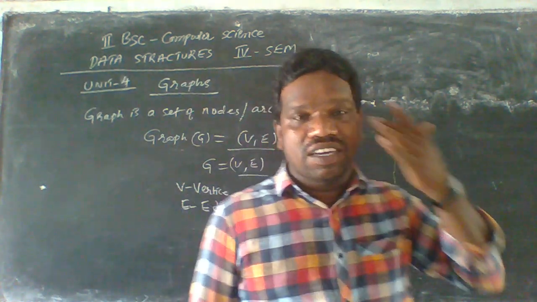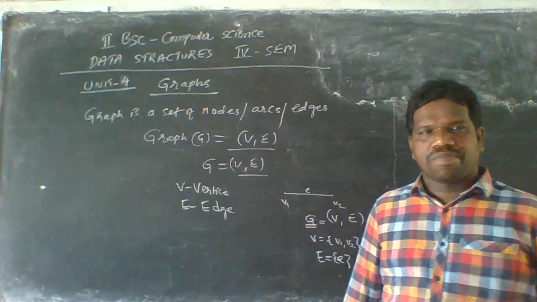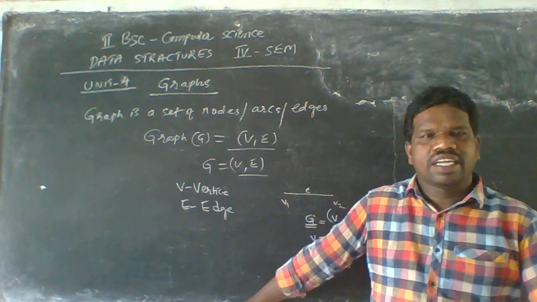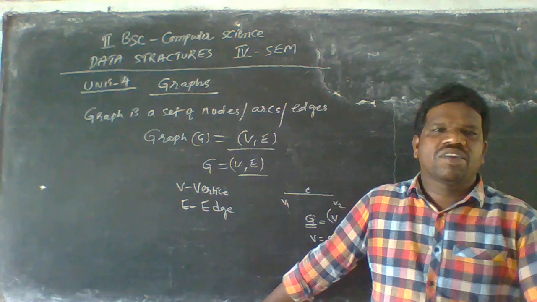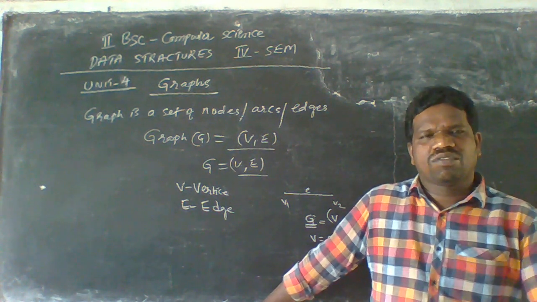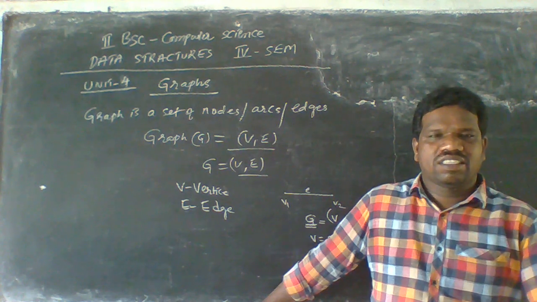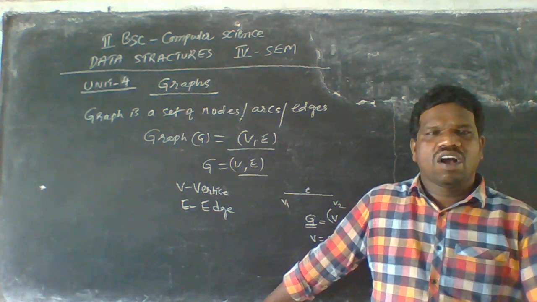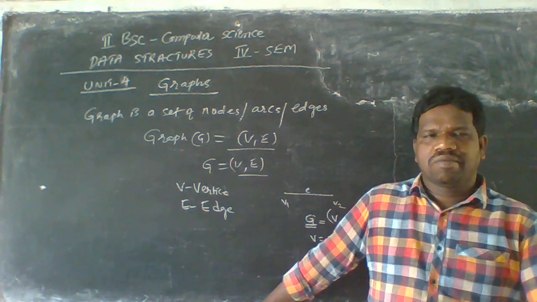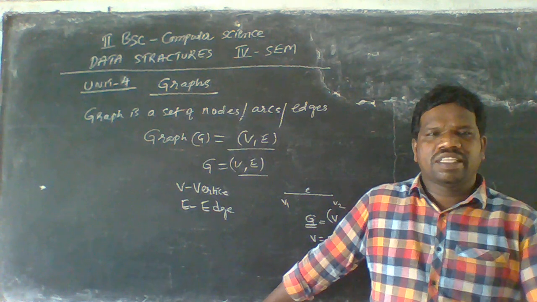A graph is a non-linear data structure, and it is a collection of a number of nodes or vertices, or a number of edges or arcs, to form a graph.